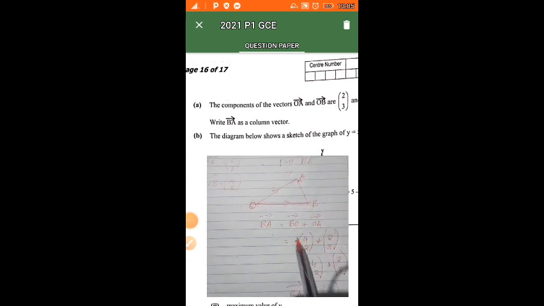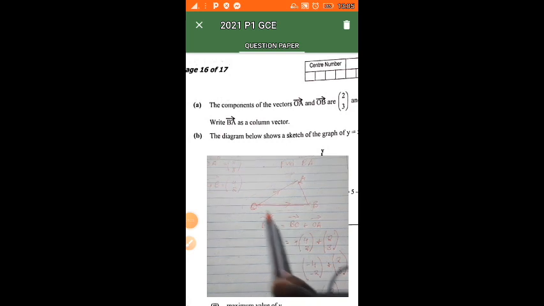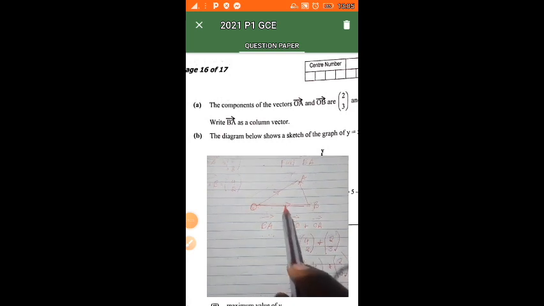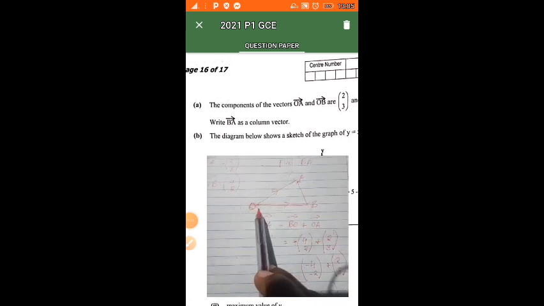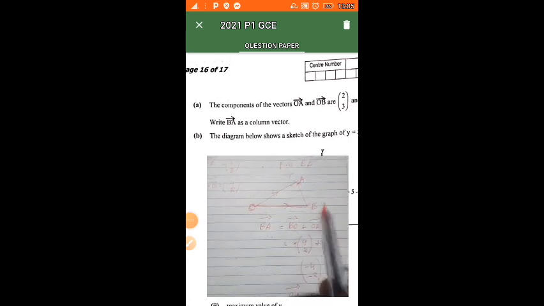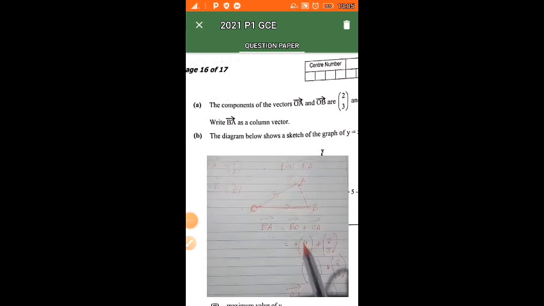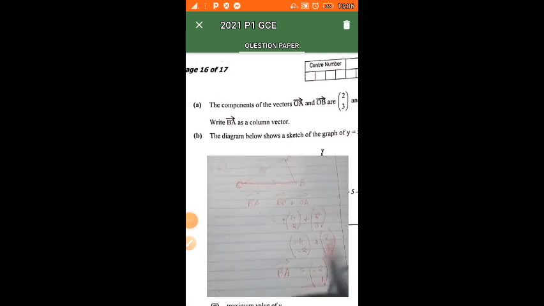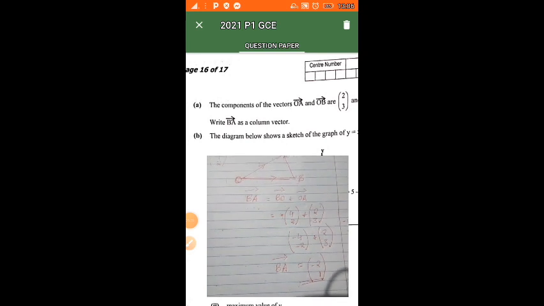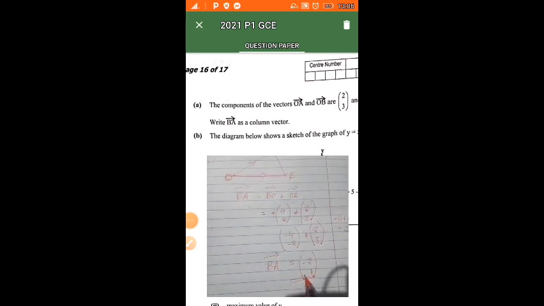The reason there is a negative here is because OB is moving in the normal direction and BO is moving in the opposite direction. So since it's moving in the opposite direction, we add a negative. Then we do the math, simple multiplication and simple addition. We have this solution here. So that is the answer for BA.